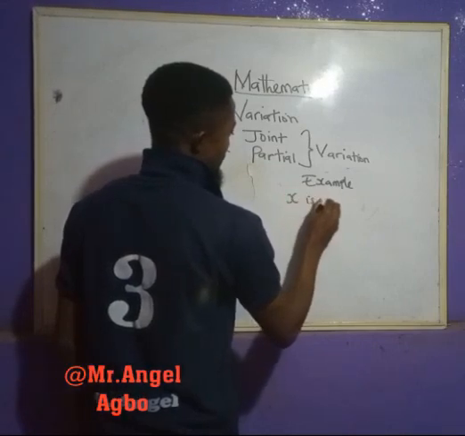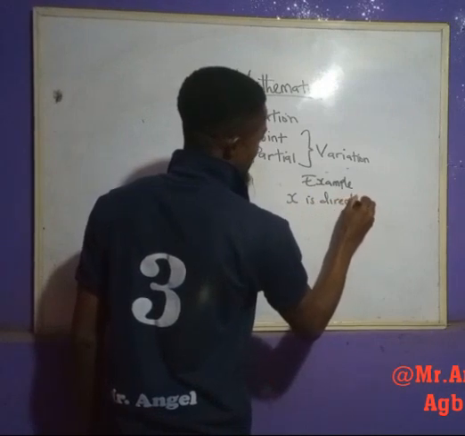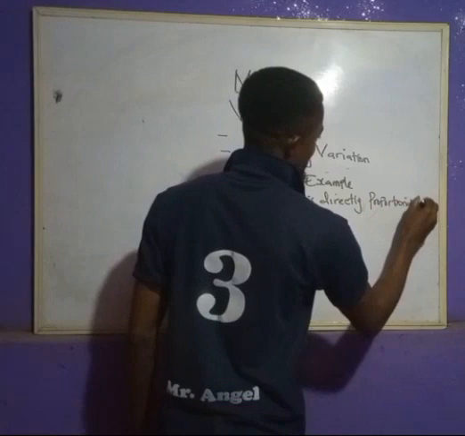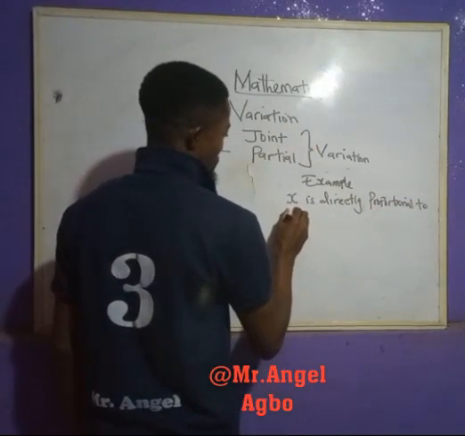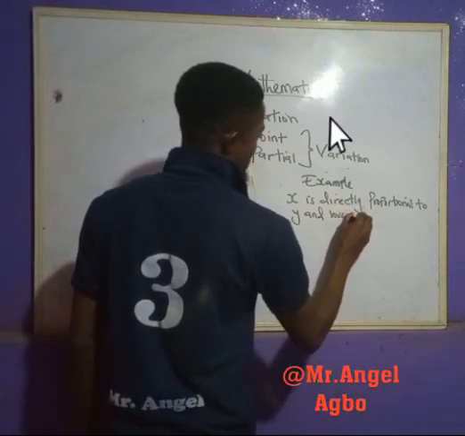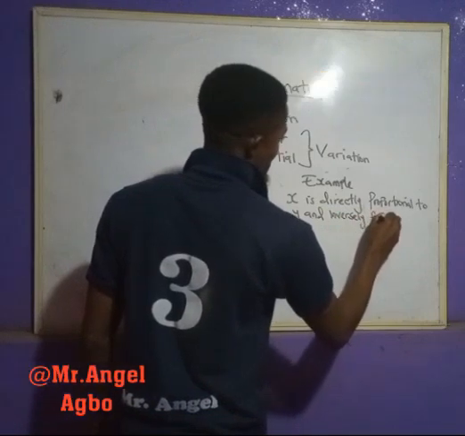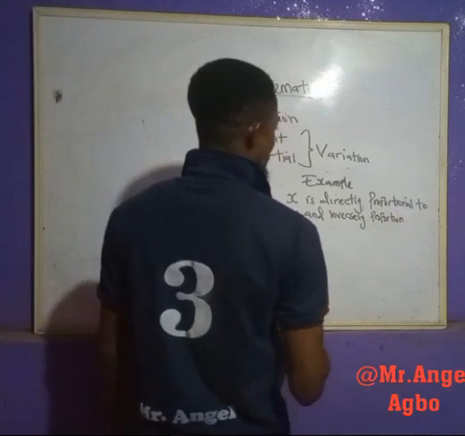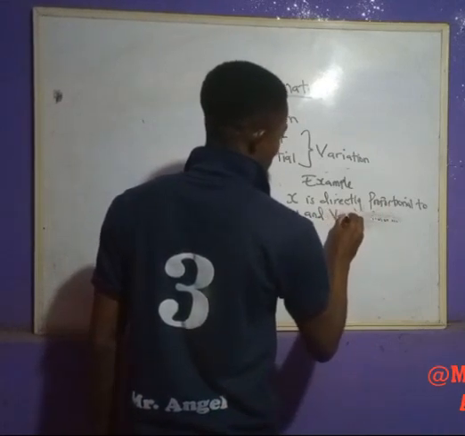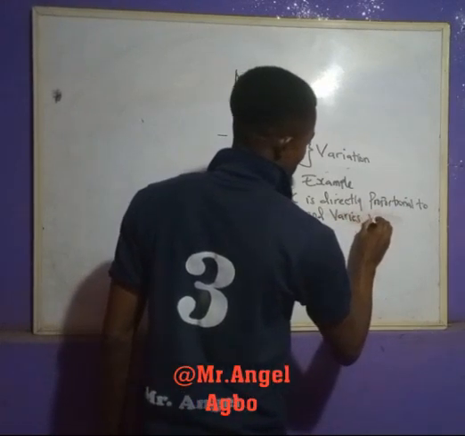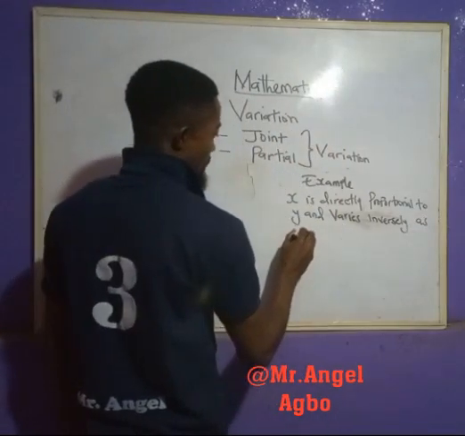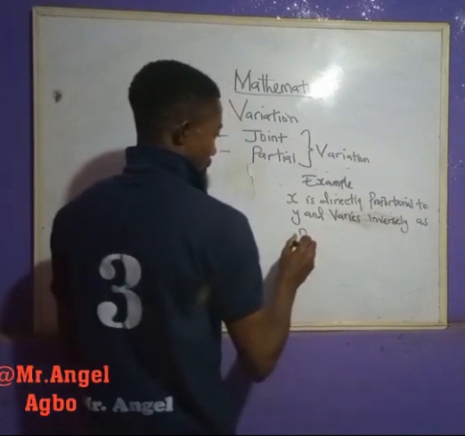X is directly proportional to y and varies inversely as, let me use the word varies, as what? Let's use n, right? N squared.